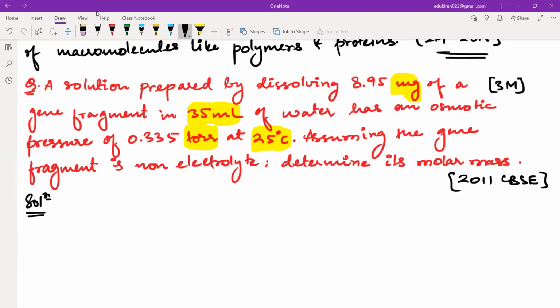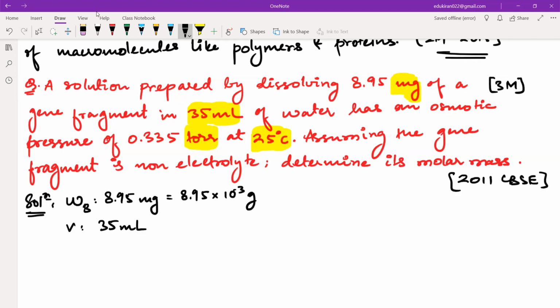So let us do the conversions first. The given mass of solute WB is 8.95 milligrams. This will be equal to 8.95 into 10 to the power minus 3 grams. The volume is given to be 35 ml. We have to take this in liters, and this will be equal to 35 into 10 to the power minus 3 liters. After that, osmotic pressure pi is given as 0.335 torr, which you have to convert to atm.